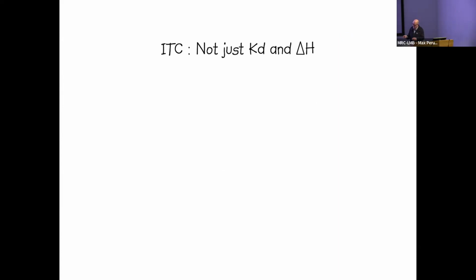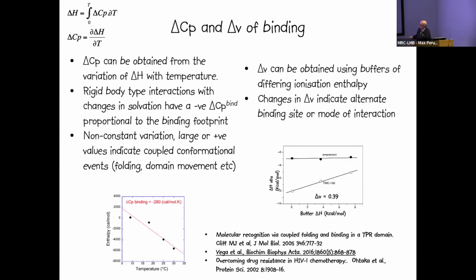So far, we've just talked about using ITC to measure the dissociation constant, the enthalpy, and the stoichiometry. But it isn't only able to do that. We've already talked about how the value of delta Cp, the heat capacity change for an interaction, means that the enthalpy is strongly temperature dependent, because the enthalpy is the integral of heat capacity over a temperature range.